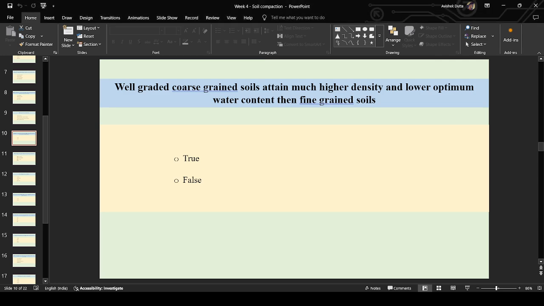Well graded coarse grained soils attain much higher density and lower optimum water content than fine grained soil.